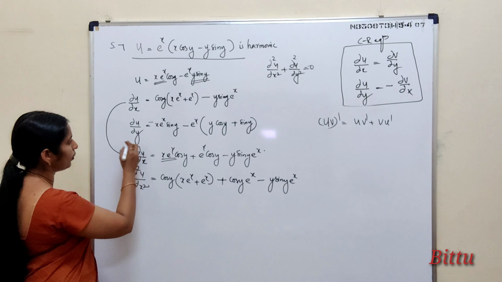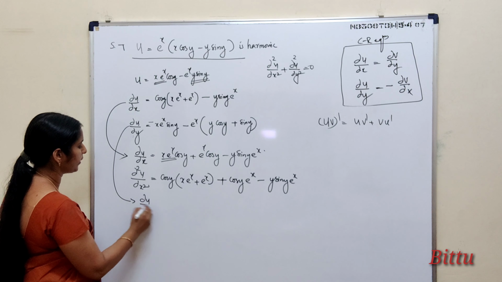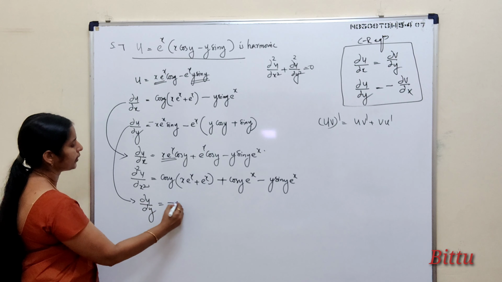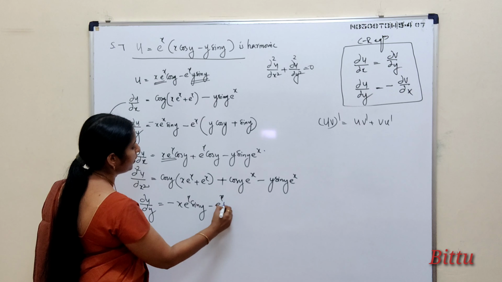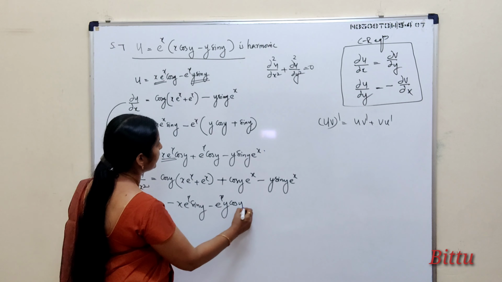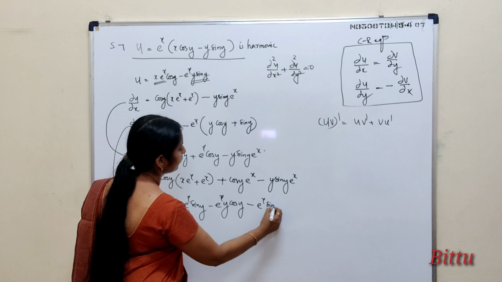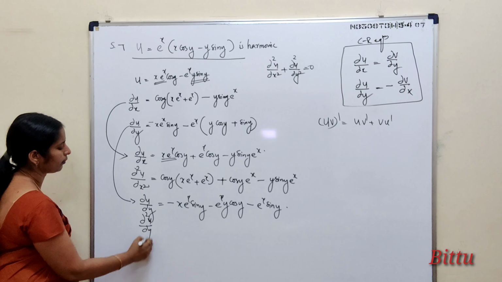Next, for getting ∂²u/∂y², I rewrite ∂u/∂y as minus x e^x sin y. You open the bracket. That is the convenience for differentiation. Next, ∂²u/∂y².